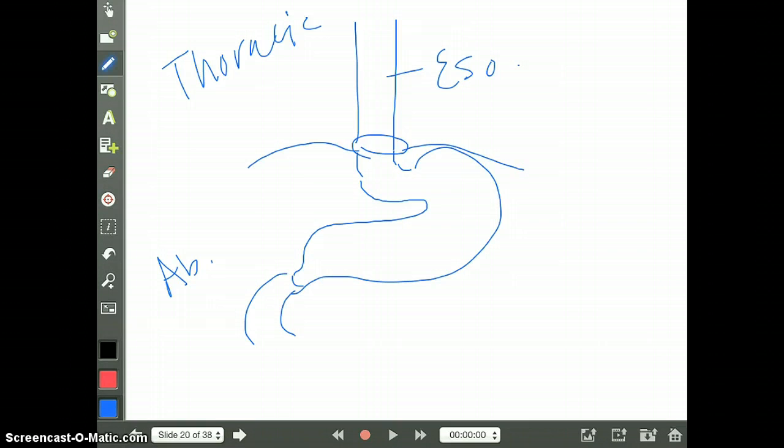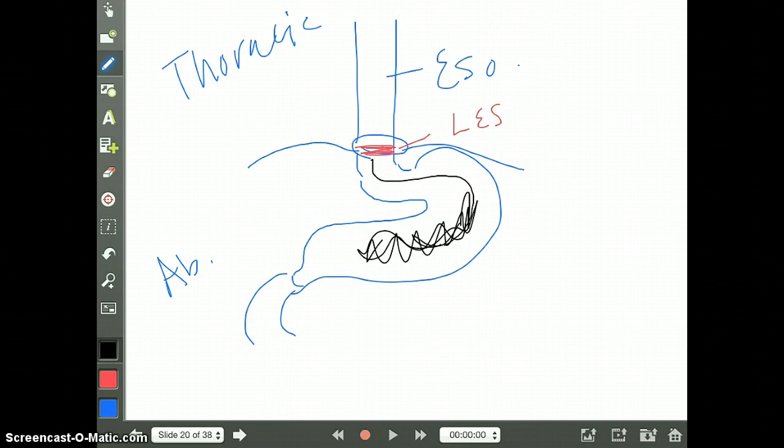Inside here, at that region, is our lower esophageal sphincter. And what happens is that inside the stomach, you get a mixture of acids, and it's going to try to work its way up there, but that sphincter is going to help close it off, along with the help of the diaphragm, which is this muscle, the muscle that's going to help you breathe. Now that closes that off so that the acid can only go out the other sphincter. This is the pyloric sphincter.